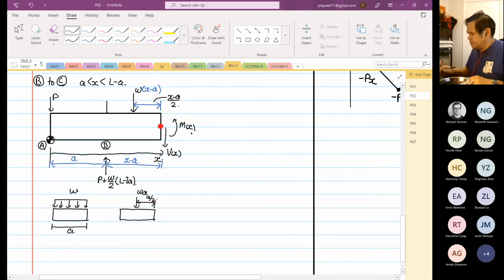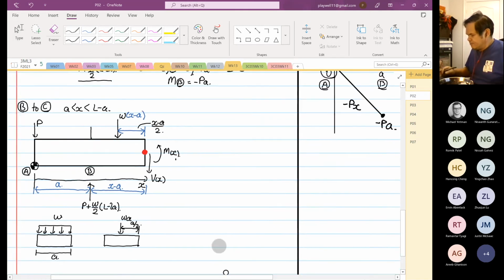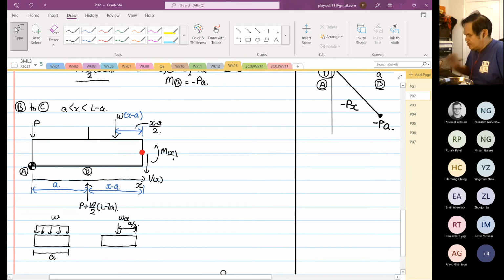And this is why our distance expression is like this. So get the distance right. Very important. You get the distance wrong, we are game over. Your shear force diagram might be easy, but your bending moment equation will be wrong.